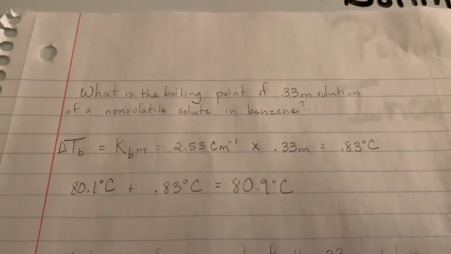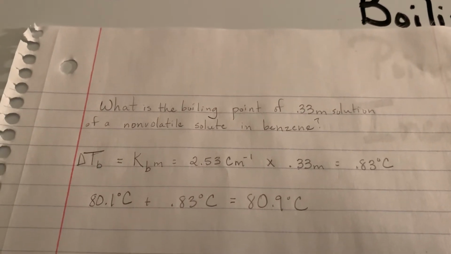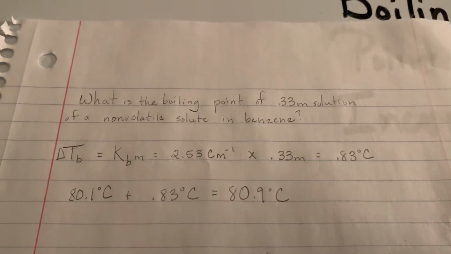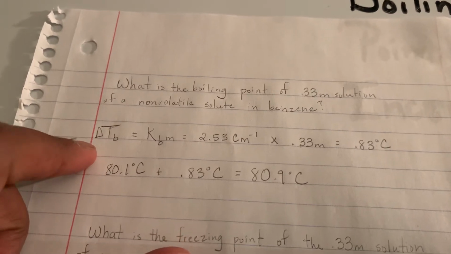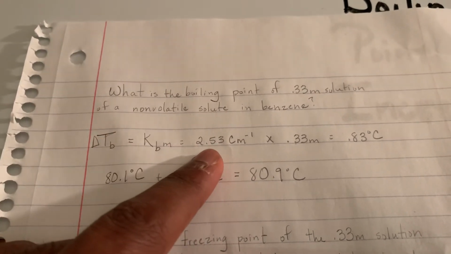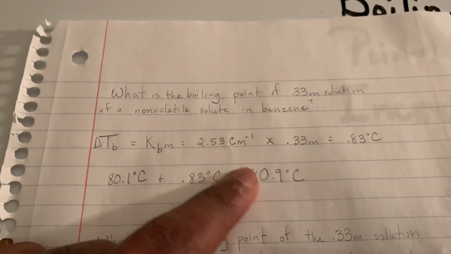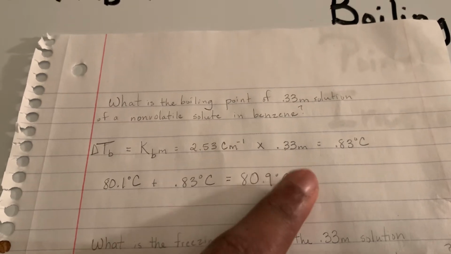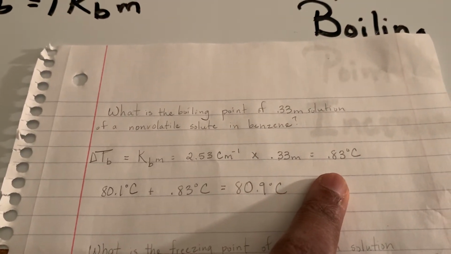the question says, what is the boiling point of a 0.33 mole solution of a non-volatile solute in benzene? We have our equation here, and we're setting it up. This would be our boiling point constant, 2.53. We multiply it times our moles, 0.33, and we get our change in boiling point.